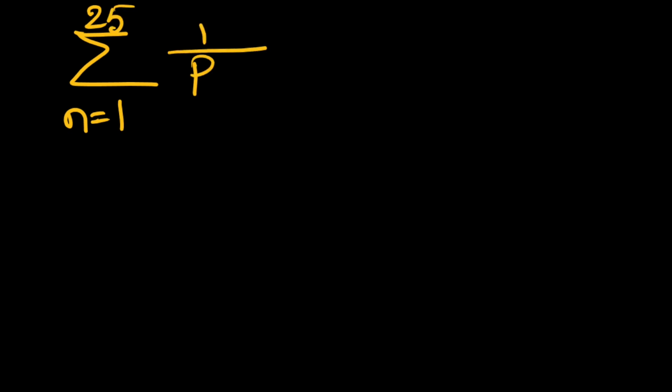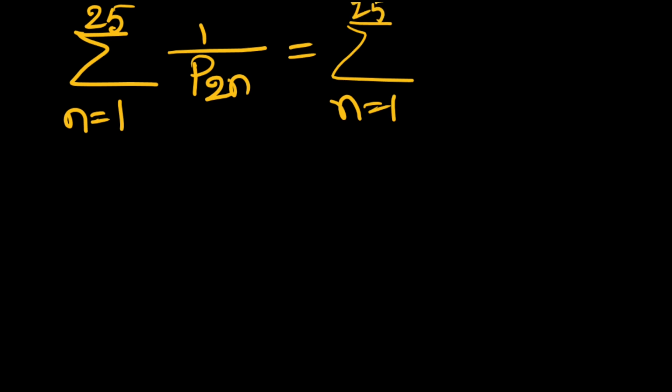In the question asked, find the value of summation n = 1 to 25 of 1 over P(2n). So put here the value of 1 over P(2n), and the summation runs n = 1 to 25 of (2n+1).